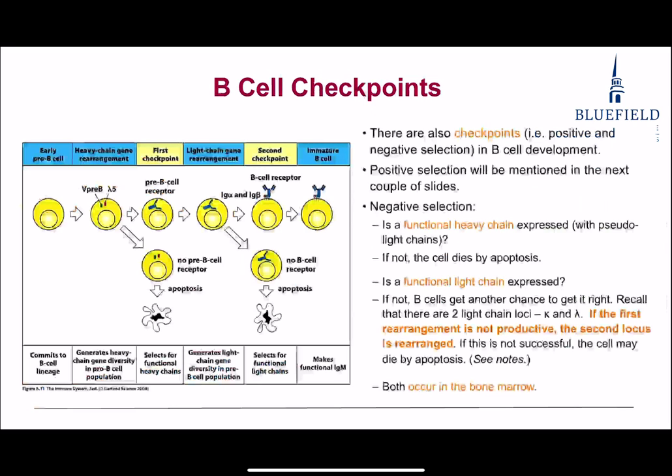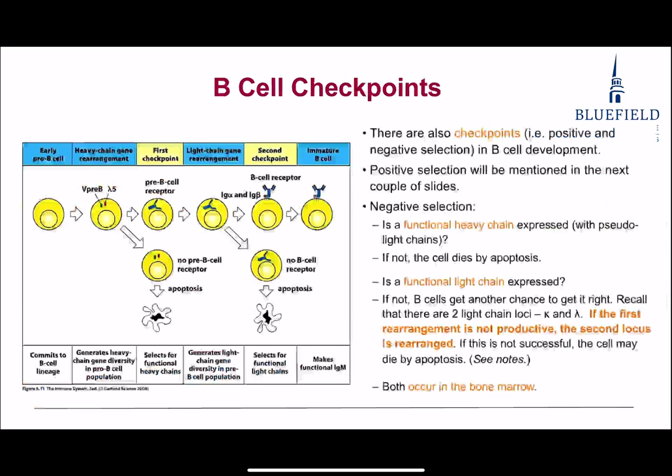Then, if it passes that first checkpoint, it starts rearranging its light chain. Like I said last hour, most of the time, over 99%, it's kappa chain. Sometimes it's lambda. So it makes that light chain and goes to the next checkpoint, which has another test.